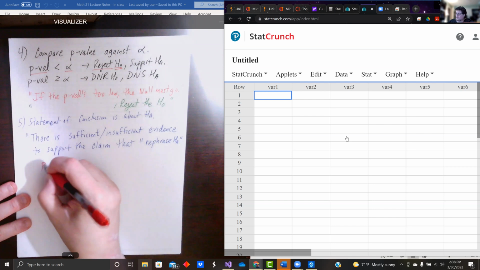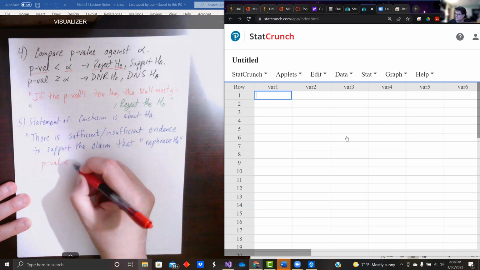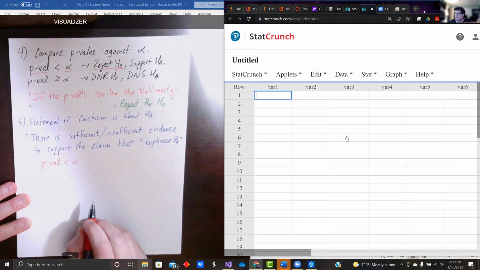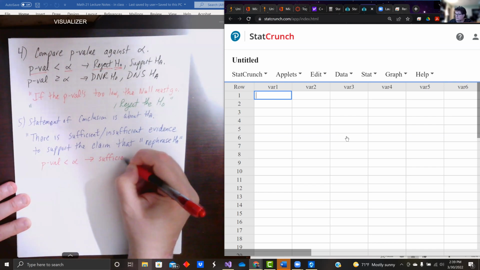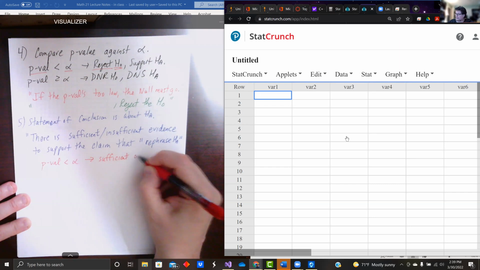So if the p-value is too low, we support HA. This is the sufficient option. Sufficient or support HA.